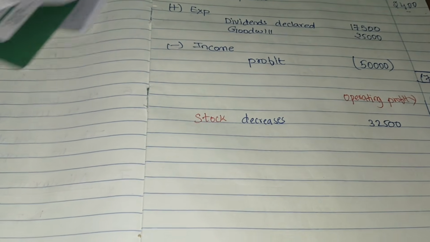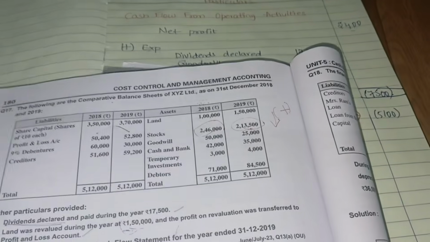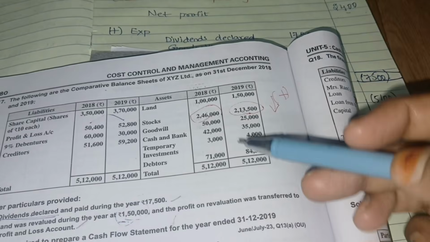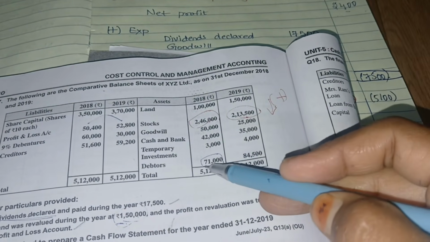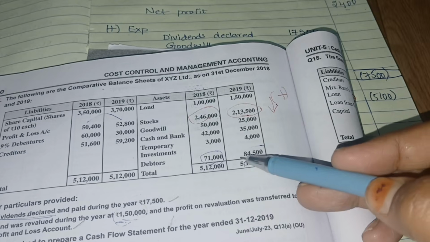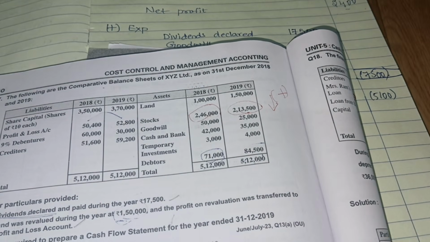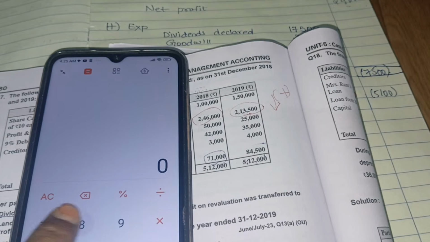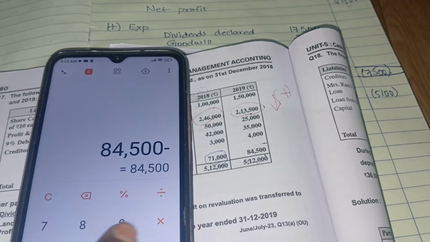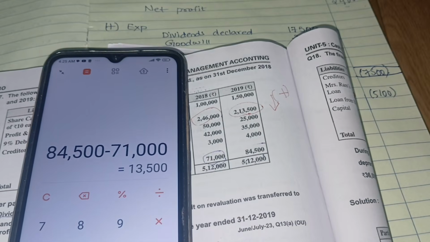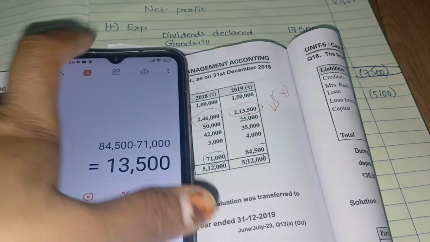Okay, after stock, what is there? Goodwill we have already taken. Cash and bank will not come here. Debtors is there. Previously debtors is 71,000. Now it is 84,500. Is it increasing or decreasing? Increasing. How much is it increasing? 84,500 minus 71,000, 13,500 is increasing.